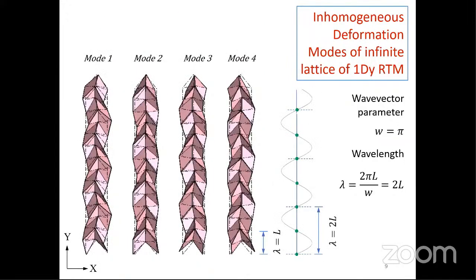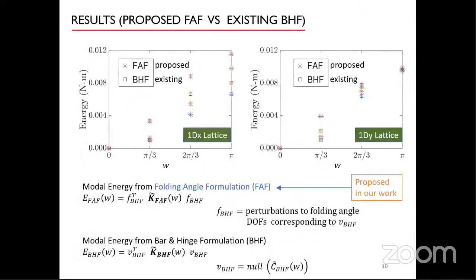Similarly, here are representative deformations for each of the 4 modes of the 1DY RTM lattice plotted over 7 cells with the same periodicity. Assigning rotational stiffness to the creases, energy can be calculated for an elastic perturbation from equilibrium.